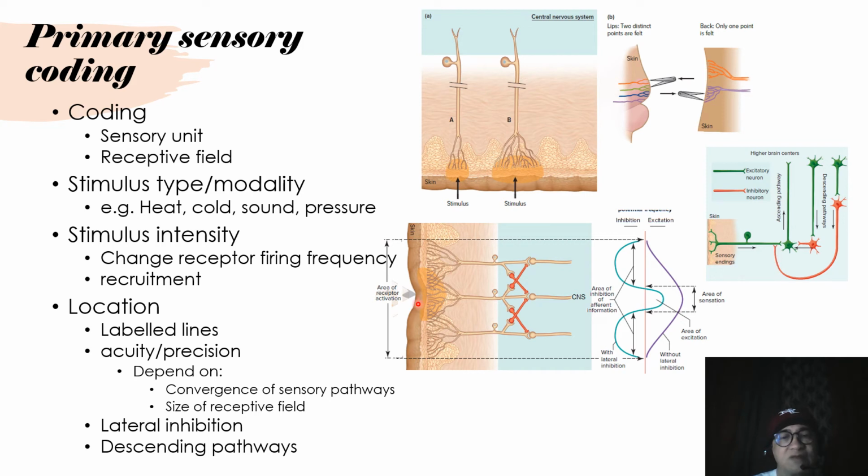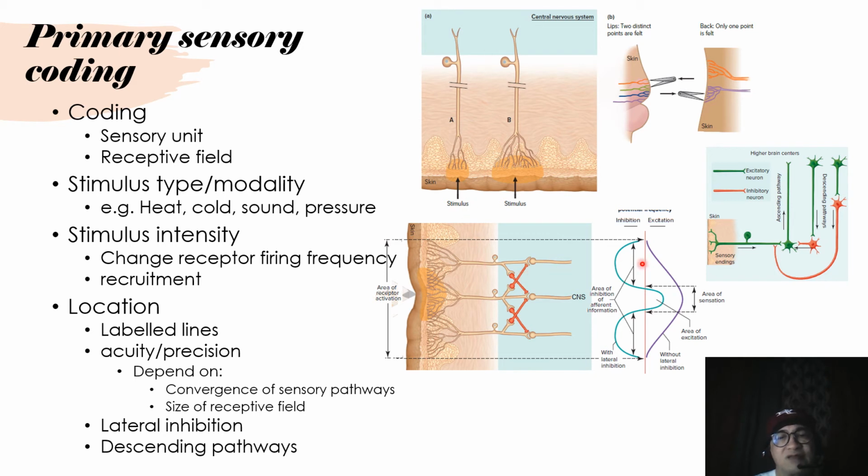So usually when this midpoint of the receptive field is stimulated, the central afferent neuron will also send signals to the neighboring cells around it to stop or inhibit them from firing, and so you have lateral inhibition.